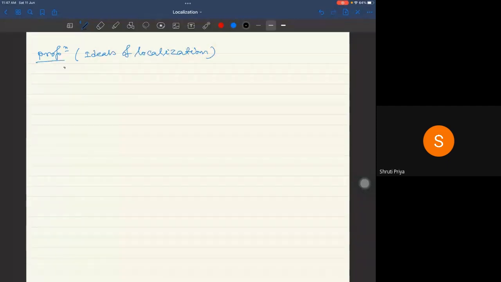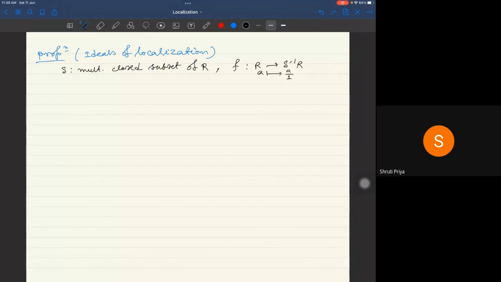So S is a multiplicatively closed subset of R, and f is this natural ring homomorphism, where a goes to a by 1, is a ring homomorphism. Now one may ask: an ideal of S inverse R, how does it look like?